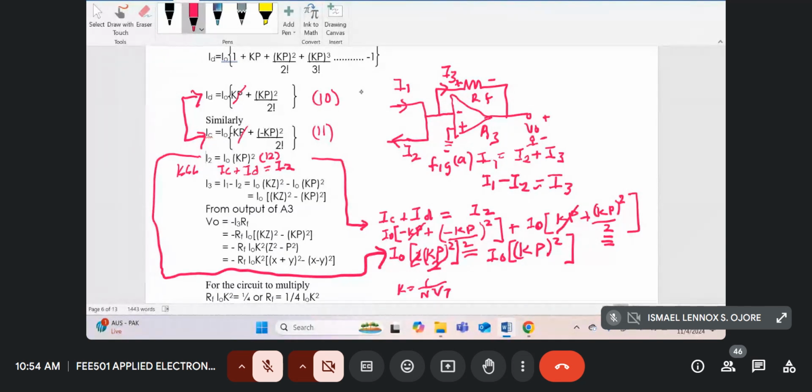I've gotten this equation here. I1 is current going towards the node. I2 and I3 are currents moving away from the node.